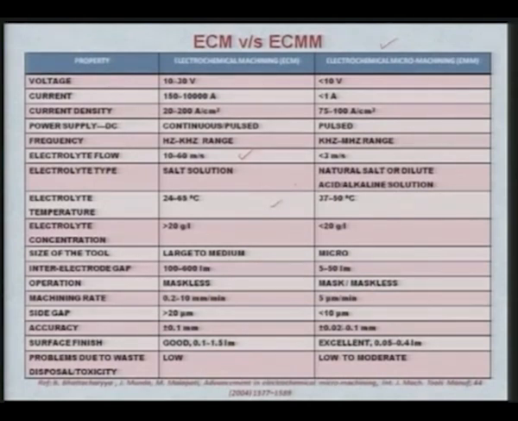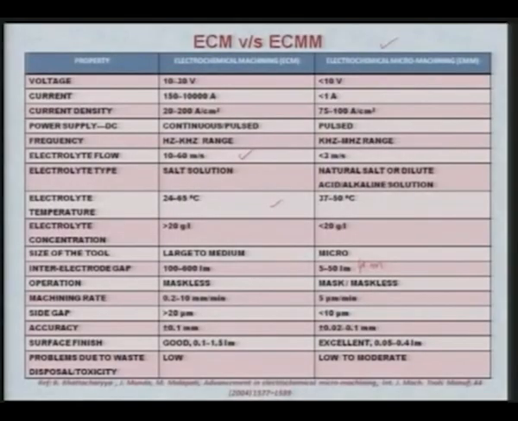You can use the operation as a mask operation or maskless operation in micro machining, and machining rate is 5 micrometer per minute or so. These are certain figures, but they will vary depending upon what parameters you are choosing. Then accuracy you can get is plus minus 0.02 to 0.1 millimeter, and surface finish is very good in micro machining, as good as 0.05 to 0.4 micrometer, and feed rate is quite low.